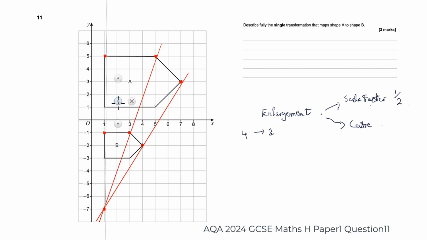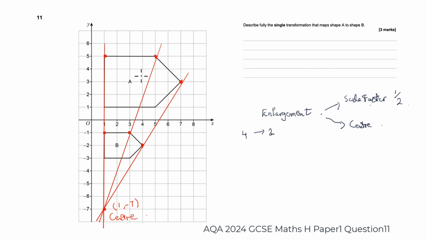It passes through these 2 points parallel to the y-axis. So all points and their corresponding point in the smaller shape seem to pass through this point. And this is the point 1, negative 7. And that's called the centre of this enlargement.